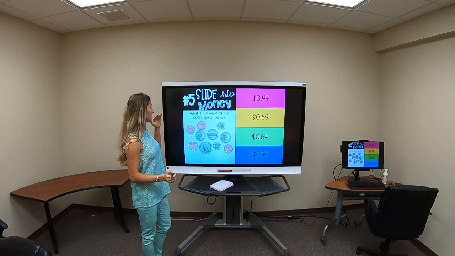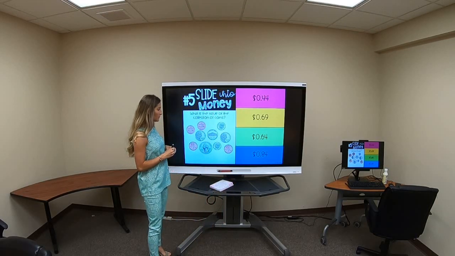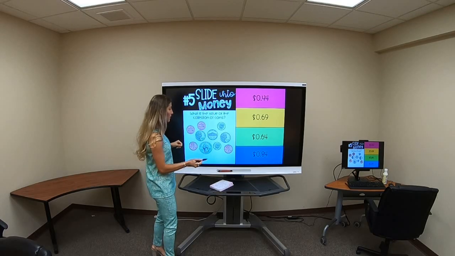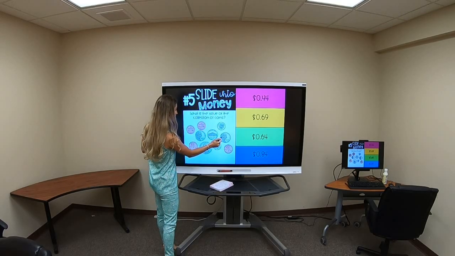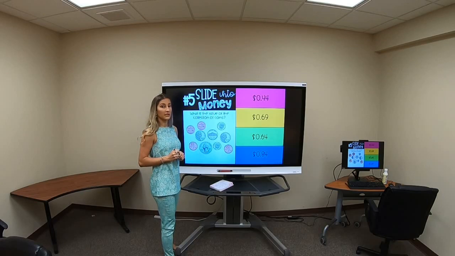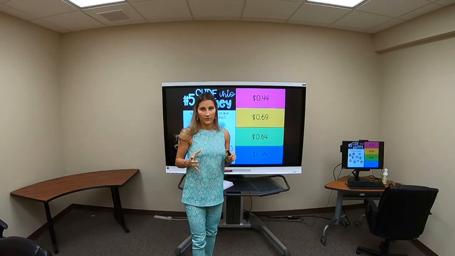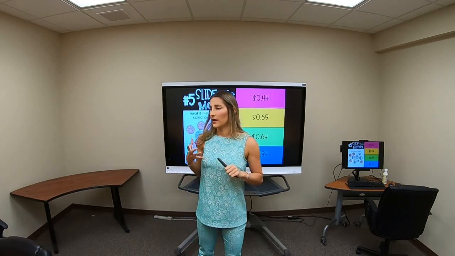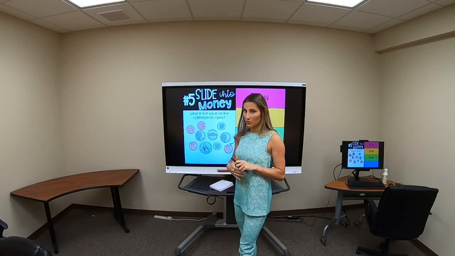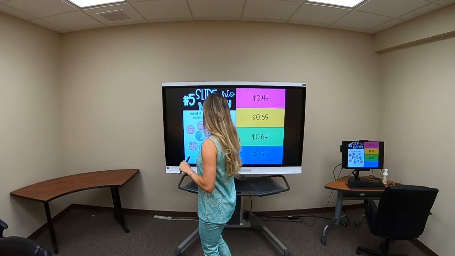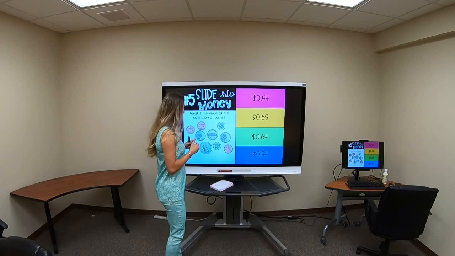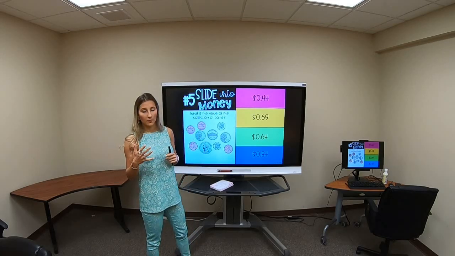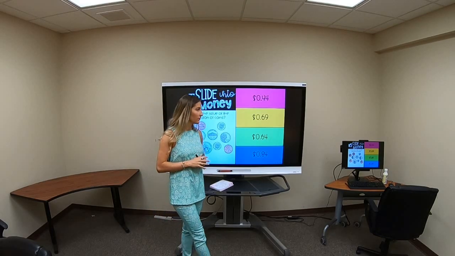So what is the value of this collection of coins? Well, let's go find our biggest. There's our quarter, there's our 2 dimes, and we've got 3 nickels, and it looks like 4 pennies. So let's do this one. I'm going to give you a few minutes to do this alone, okay? Write down the value of your quarter. You've got 1. You've got 2 dimes, so write that down. You've got 3 nickels, and you've got 4 pennies. I'm going to give you a few seconds to see if you can find the answer.